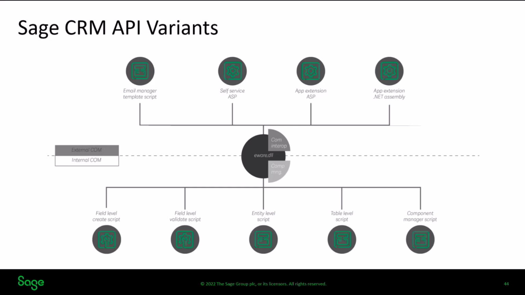Same language, JavaScript, but different objects available to you. And the same goes with validation scripts and table level scripts. You're working with different contexts, and so the objects and methods and properties that you can use are going to be different, because you are writing in a different place.